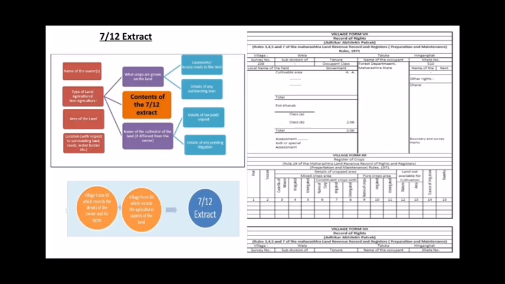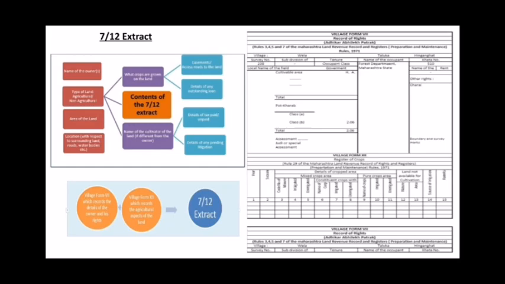Don't get confused, this is a very simple extract in which all the information about a particular land is kept. Which crops are grown, how much tax they pay, did they take any loan, did they give the loan back. All this information is there in this 712 extract.